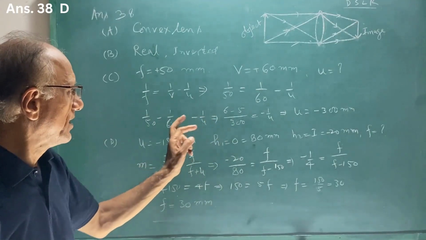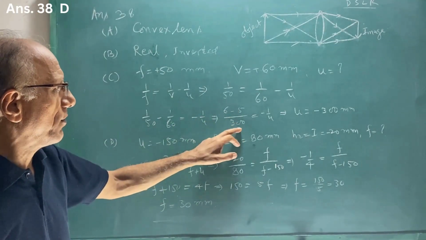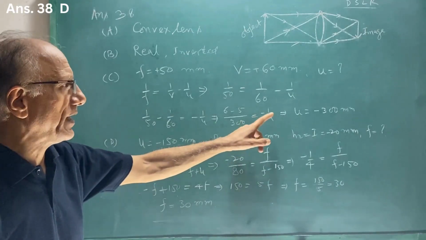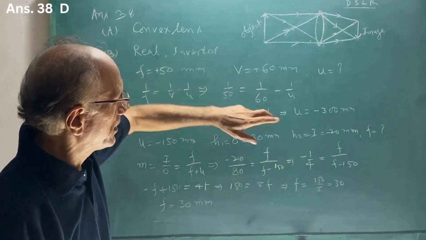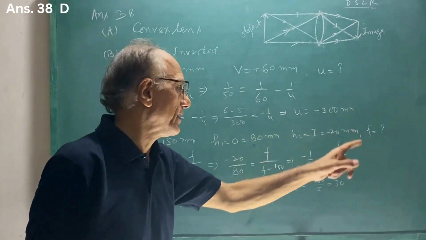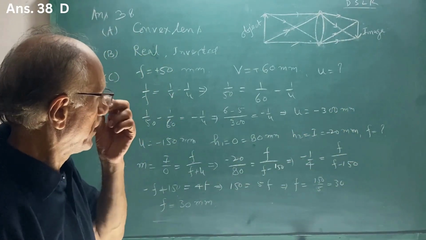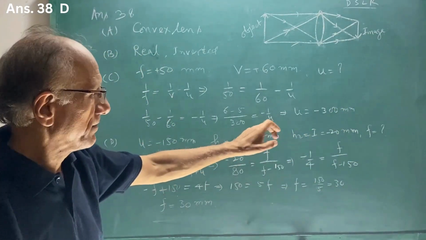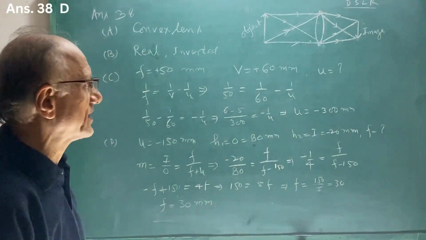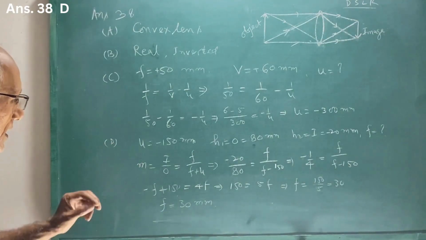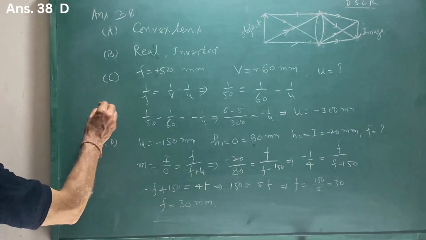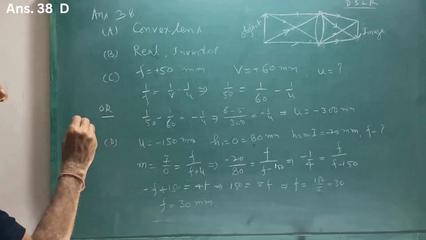So 6 minus 5 upon 300 equals minus 1 by U. So here it is 1 by 300, so U equals minus 300, because this sign is minus. So the object distance is 300 mm. The D part, you have to do either C or D.